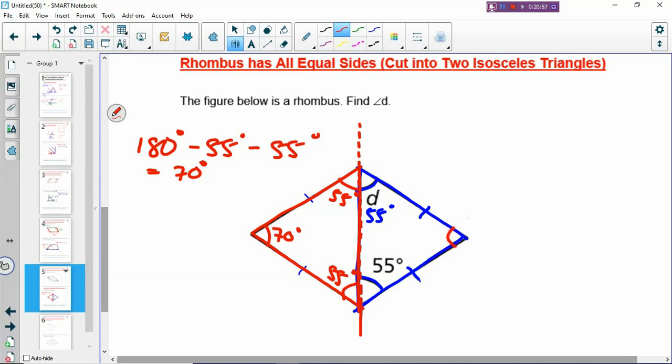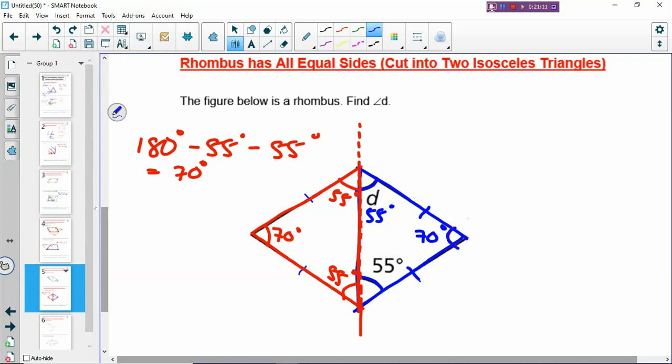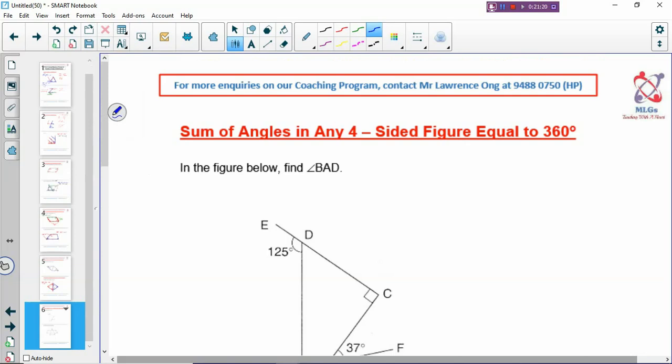So over here is also 70 degrees, or opposite angles in the rhombus are the same. So what must you know about rhombus? A rhombus is cut into half, so you have two equal sides which will look identical. That is what you must know. Okay, now let's go to the next one.